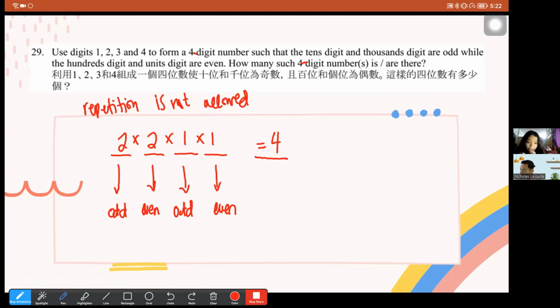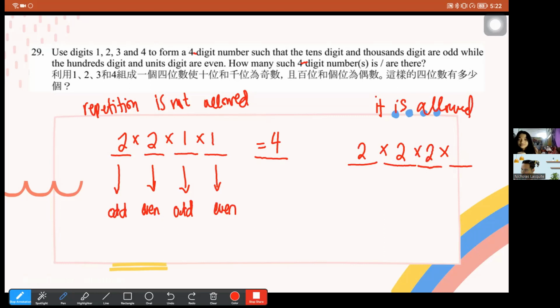Now, if it is allowed, again you make 4 underlines. On the thousands digit, you can choose 2. On the hundreds digit, you can choose 2. On the tens digit, you can again use 2 because repetition is allowed, and on the ones digit, you can again use 2.